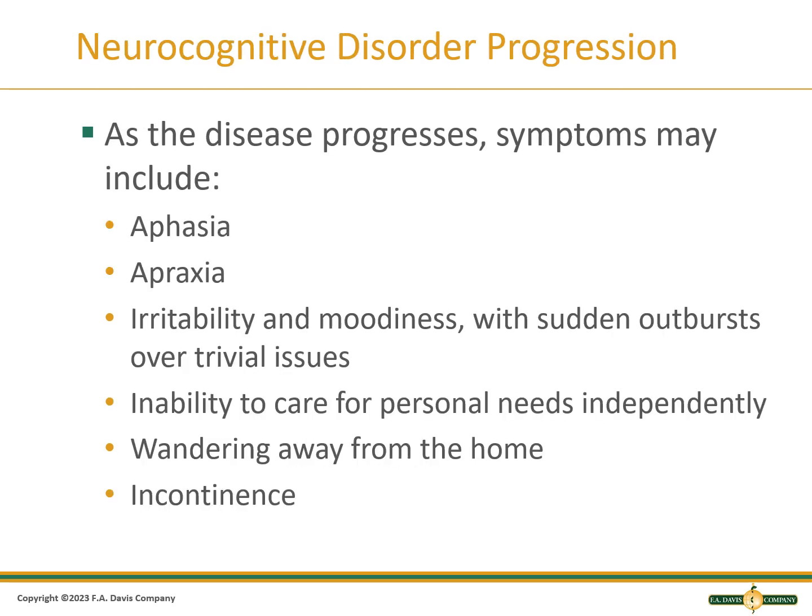As the disease progresses, you may see aphasia, inability to speak, apraxia, inability to carry out motor activities even though you have motor function, changes in mood, outbursts, inability to take care of themselves and their personal needs, wandering, and then incontinence.